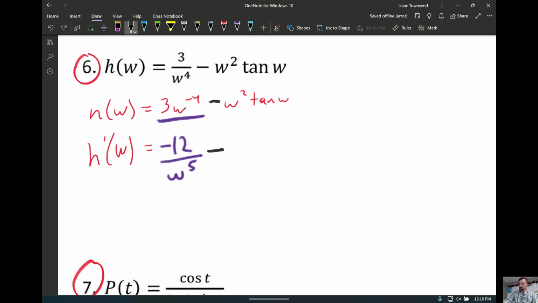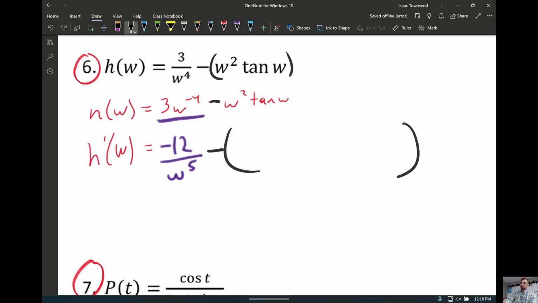Minus, now what did you do with this stuff? You have to do the product rule. You can't just say this is 2w and this is secant squared w and throw a minus or a multiplication sign in between there. You have to do the whole product rule. It would be nice if it worked that way, it just doesn't.